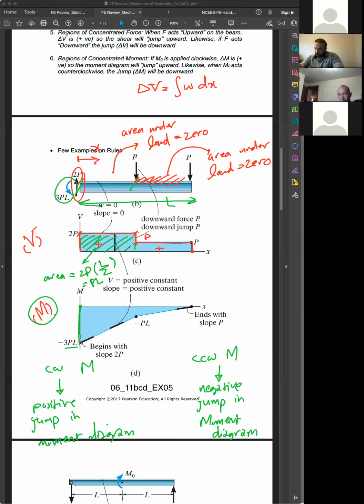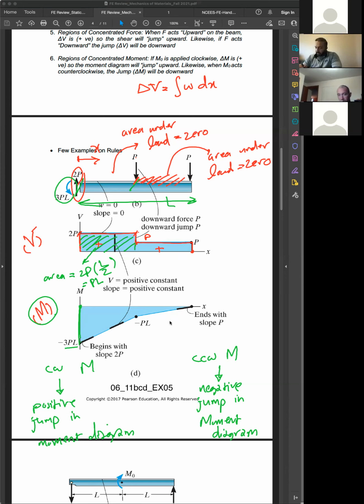It is 2P times L over 2, would be PL positive. I think this is incorrect here. Sorry, guys.